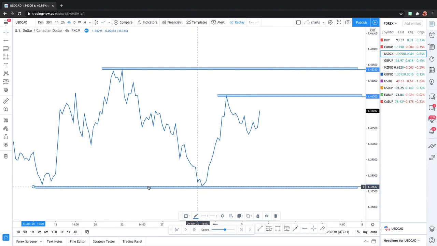And when you see the 2 points not matching up, it's fine. Just go for the lowest one, because that's where price printed.